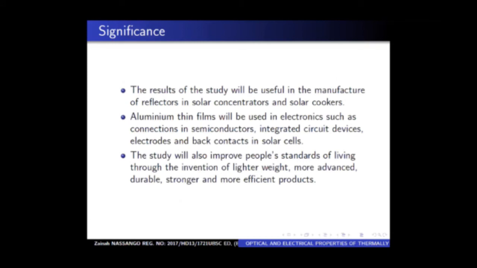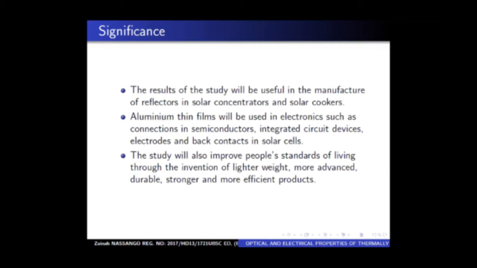Then the significance of this study. As a result of the study, the knowledge I will have gained will help in the manufacture of reflectors for solar concentrators and solar cookers.